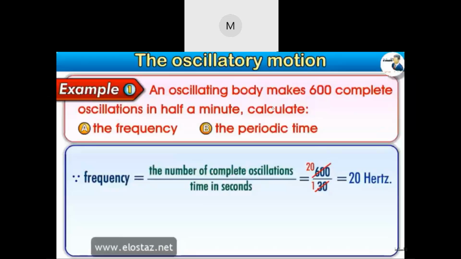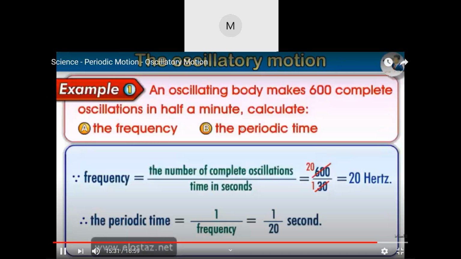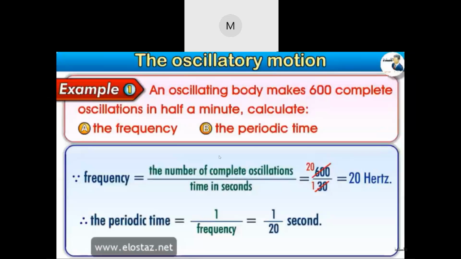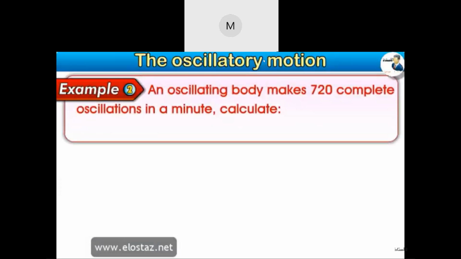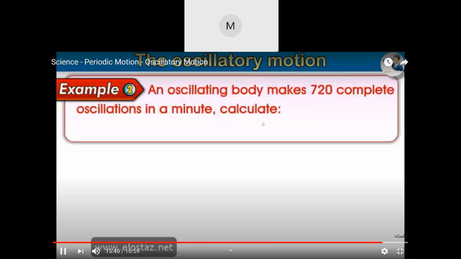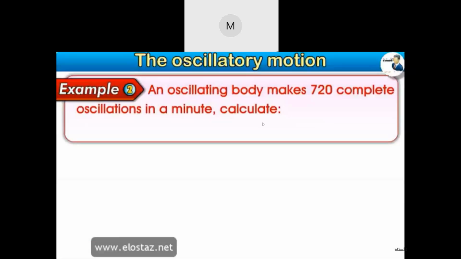Let's now calculate the periodic time. The periodic time equals 1 over frequency equals 1 over 20 seconds. Example number 2. An oscillating body makes 720 complete oscillations in a minute.